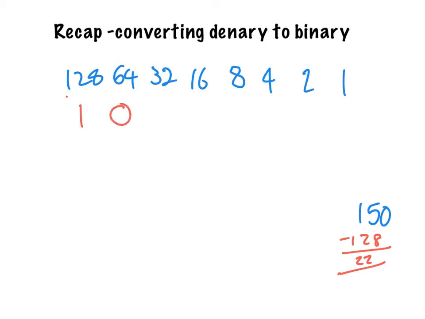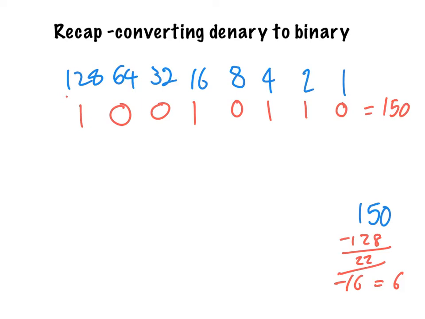So I don't need 64, I don't need 32, I do need 16. So if we take off 16, that leaves us with 6 to still get. So I don't need 8, I do need 4, I do need 2, and that makes up our 6, and I don't need 1. So this gives me 150.